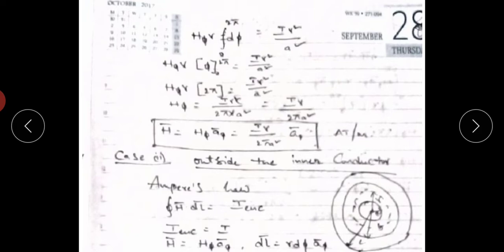So H phi r 2 pi equals I r squared by a squared. Finally H phi equals I r by 2 pi a squared. So H equals I r by 2 pi a squared a phi. Units are ampere turns per meter. This is the magnetic field intensity expression inside the inner conductor.